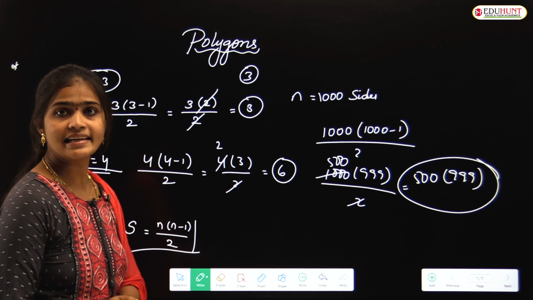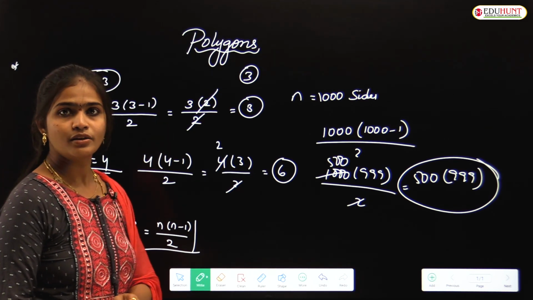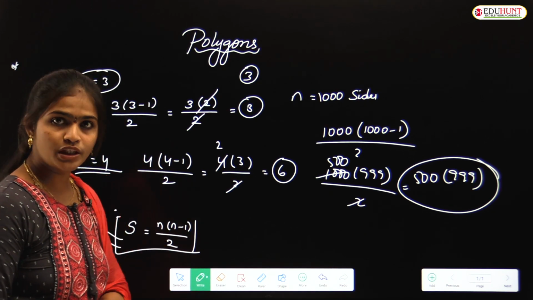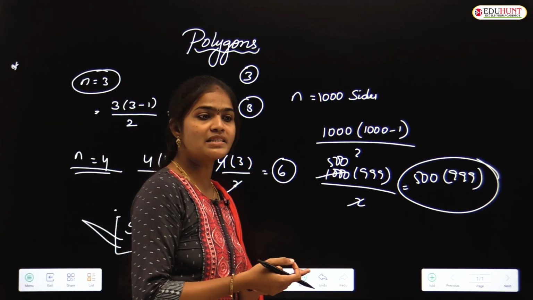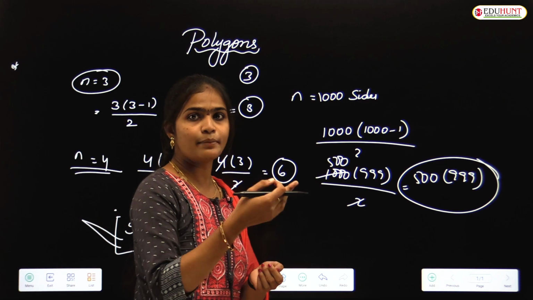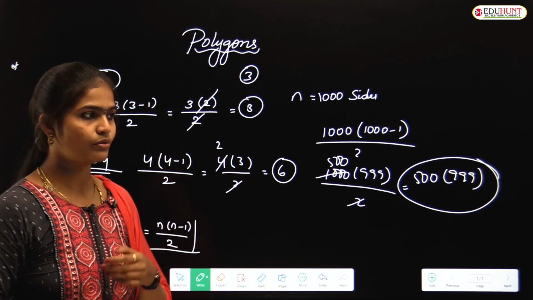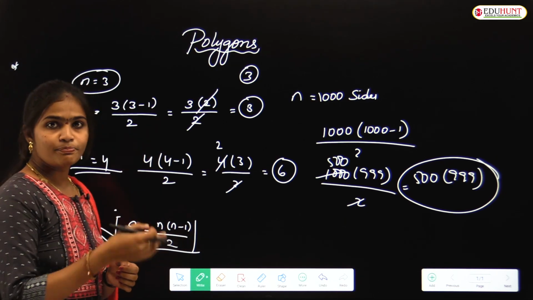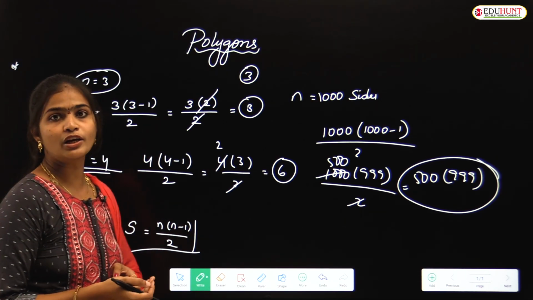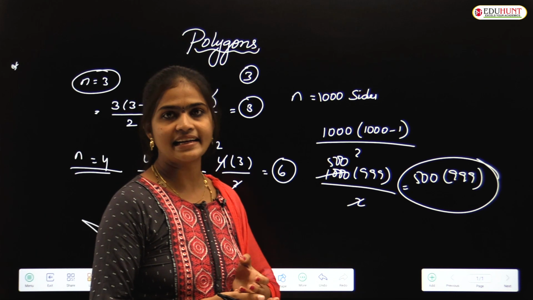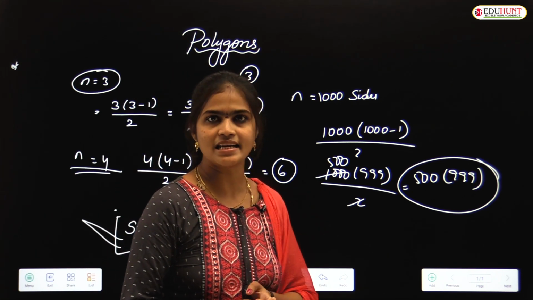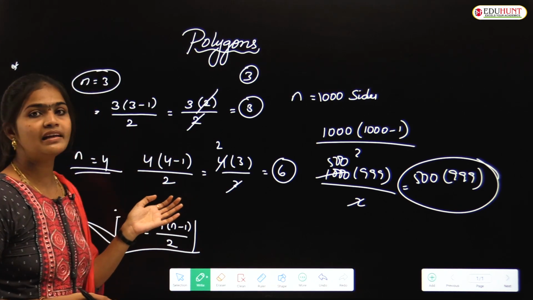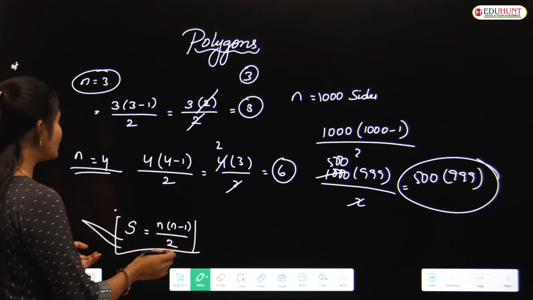Okay, now is it easy to use that formula? Every time there is no need to draw the picture, and no need to calculate the line segments using AB, AC, AD and so on. If they ask how many line segments a given picture or polygon has, then easily we can use the formula.